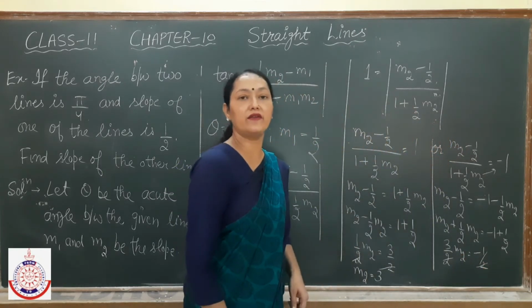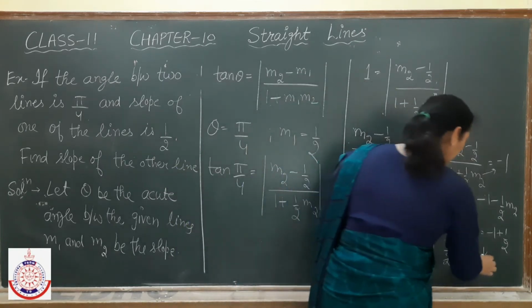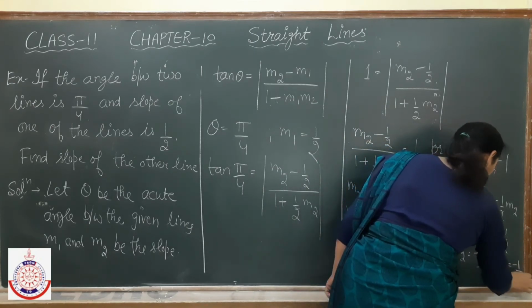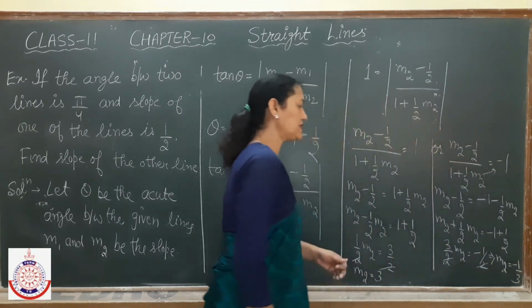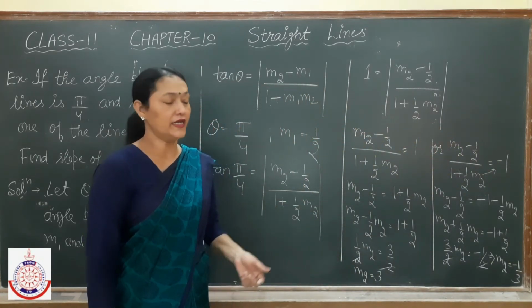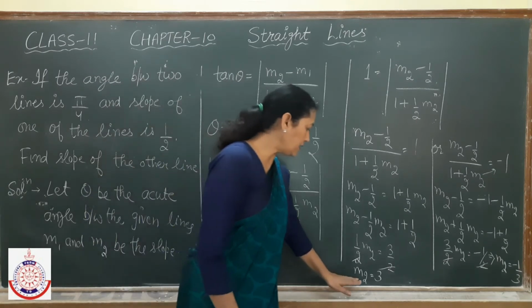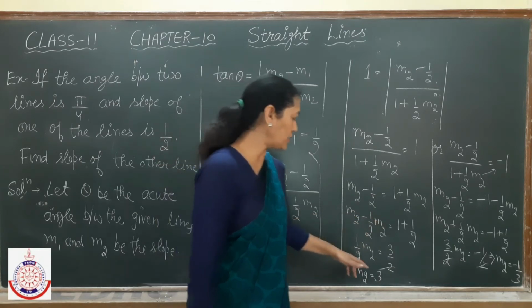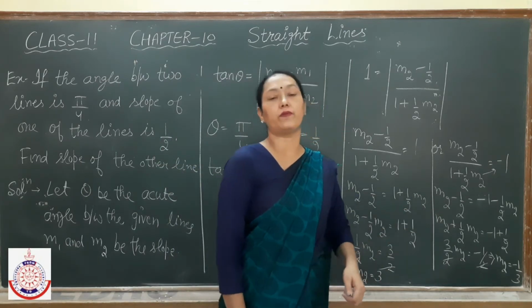Shifting 3 to that side, we will be getting slope as minus 1 upon 3. That means in case the angle between the two lines is 45 degrees, then either the value of the slope of the other line can be 3 or minus 1 upon 3.